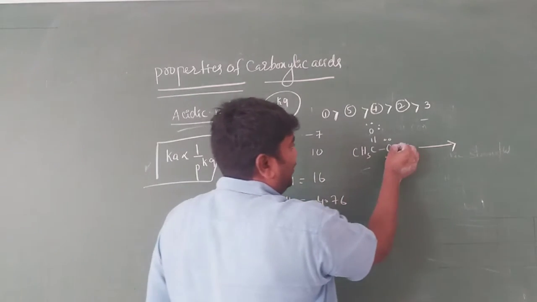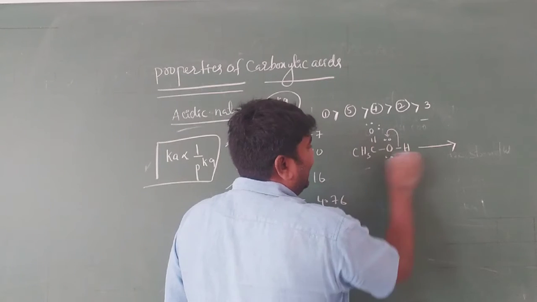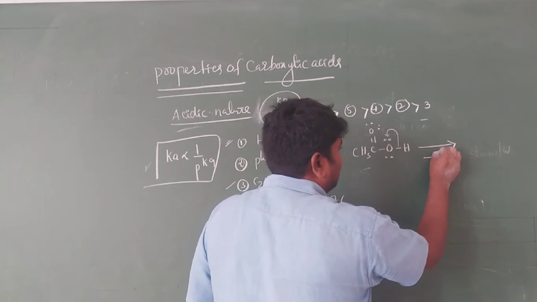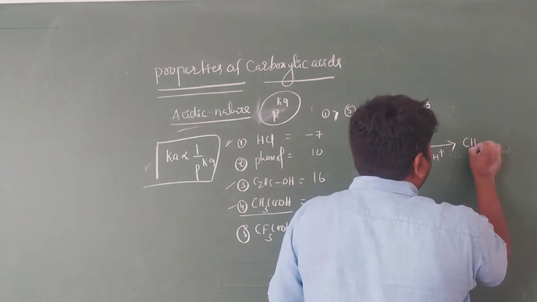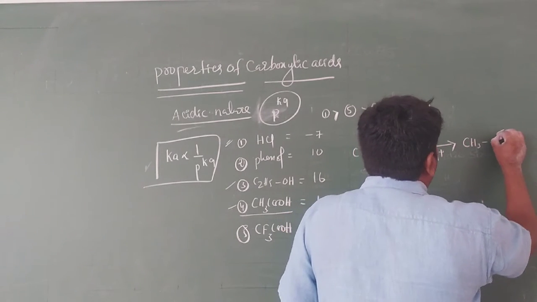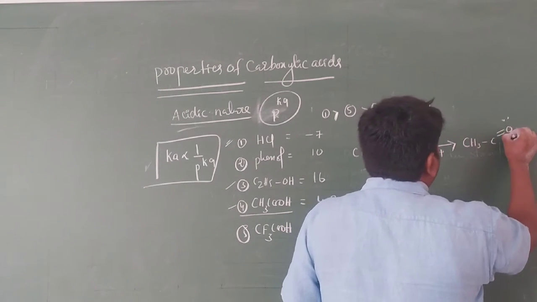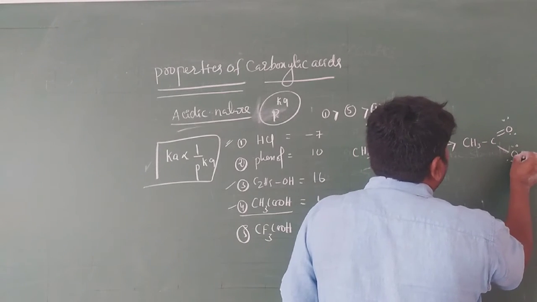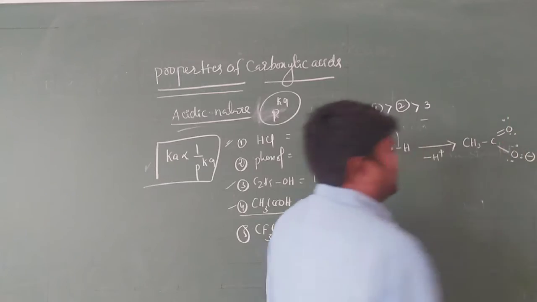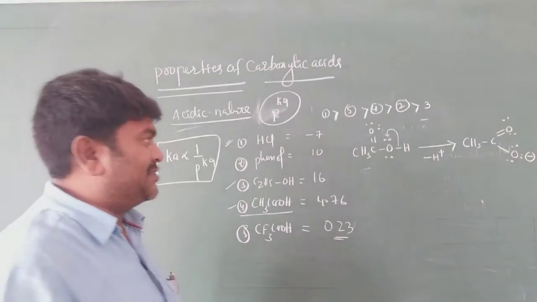These 2 electrons are gained by this oxygen, and it releases an H plus ion. What remains is CH3, C double bond O with lone pairs, and O with lone pairs.